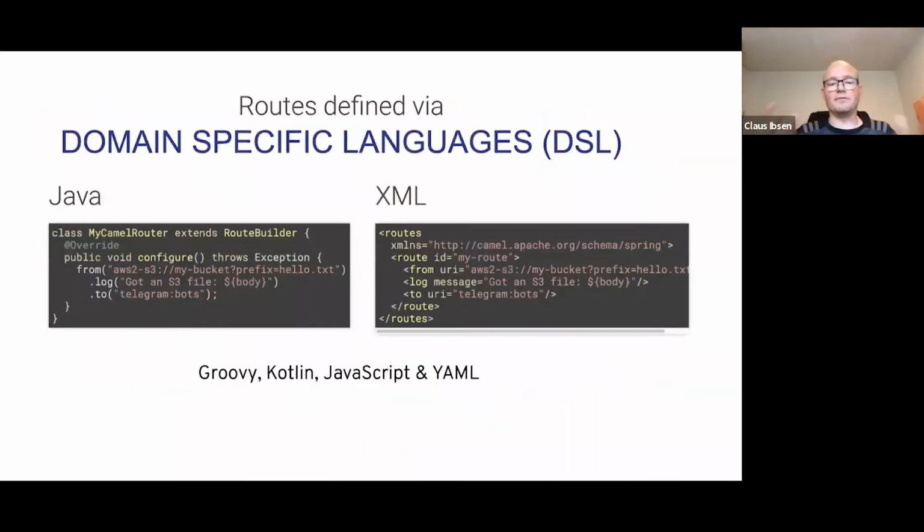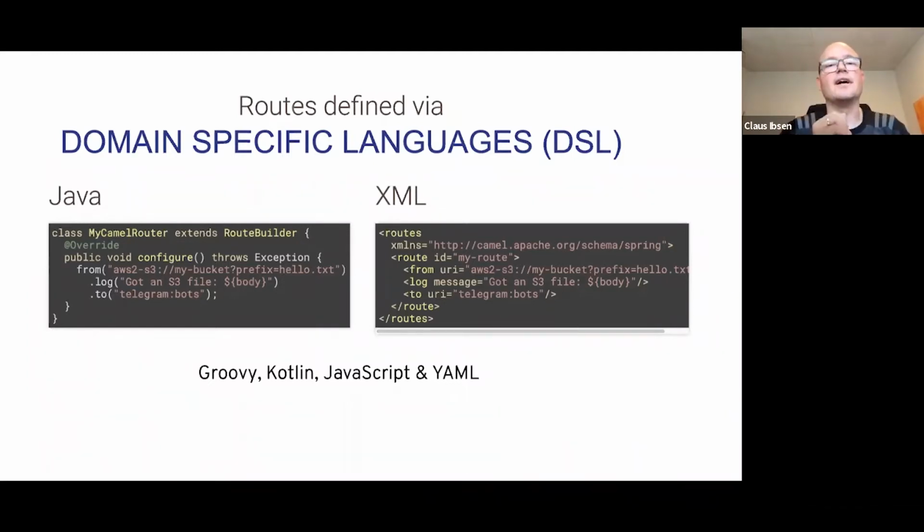As a developer, what is essential with Camel is that when you need to integrate with Camel, you use Camel routes. So what you do as a developer is specify how systems are integrated using routes. For that, we have a domain-specific language, which essentially is just Java code or XML or Kotlin and Groovy and so on.